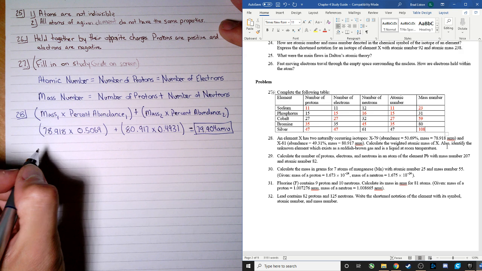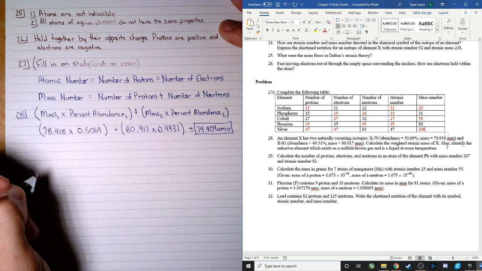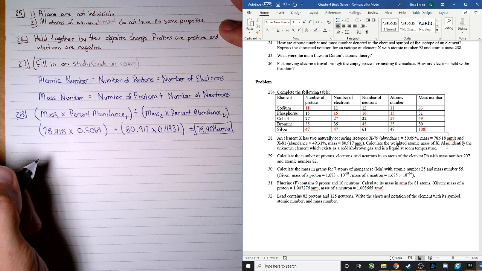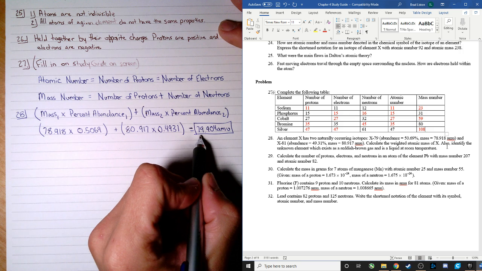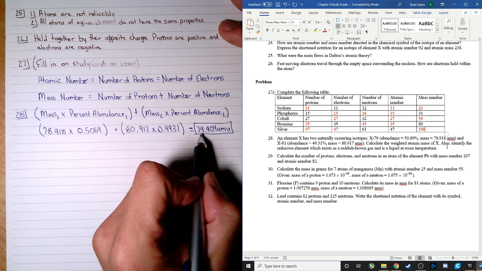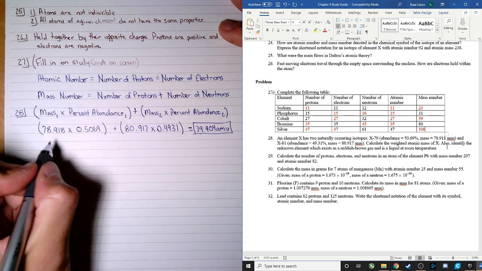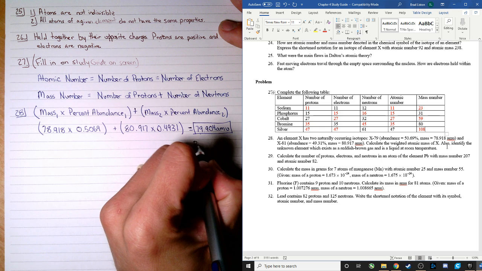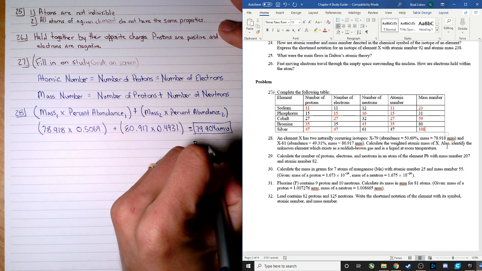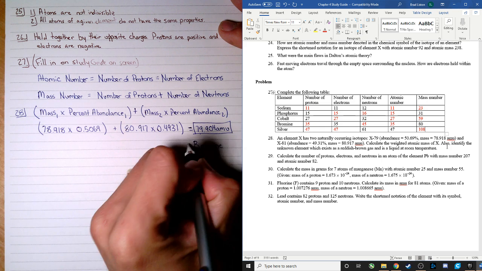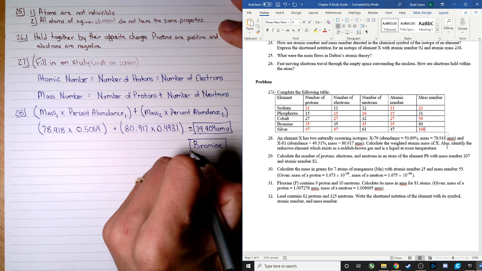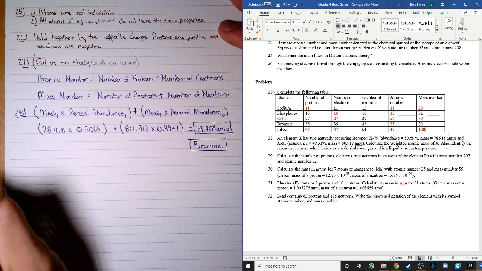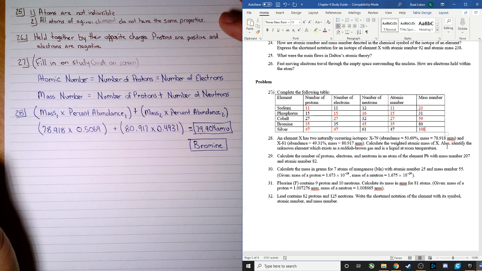The second answer is you have to look at the periodic table and find what element has this mass. When you do that, that would be the element bromine. And that is your complete answer.